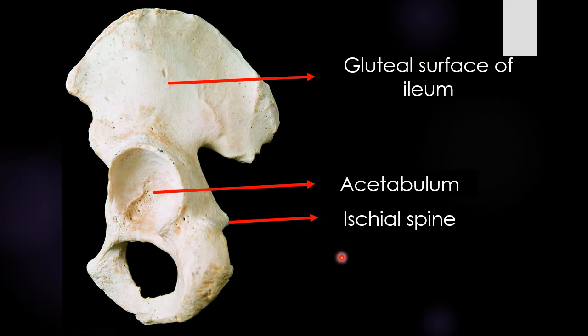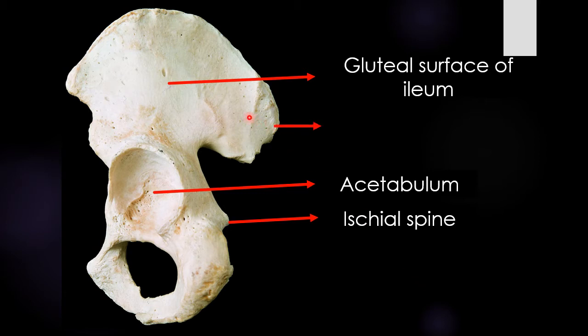The next question they may ask is the attachment of the ischial spine: it is the sacrospinous ligament, which is attached to this ischial spine.